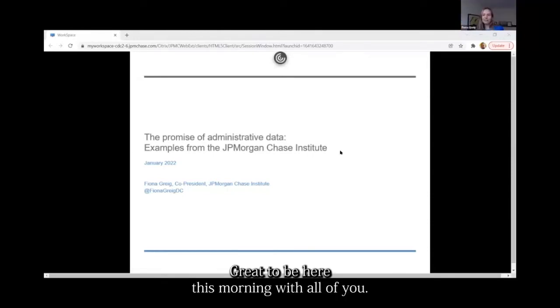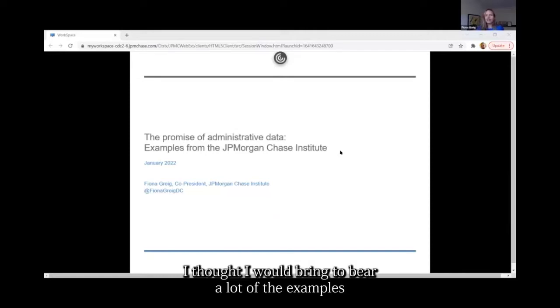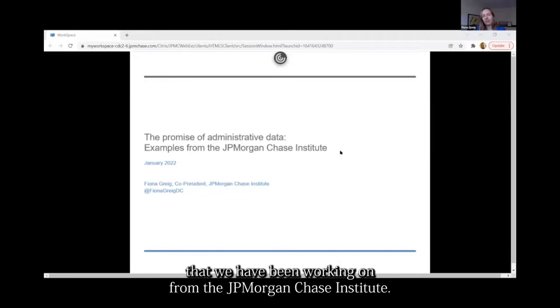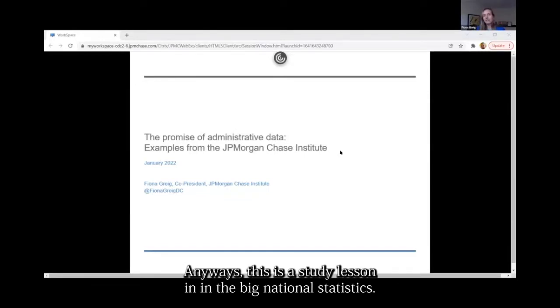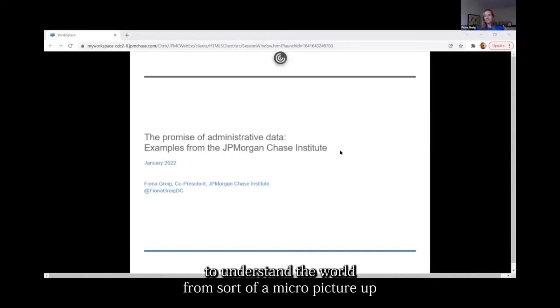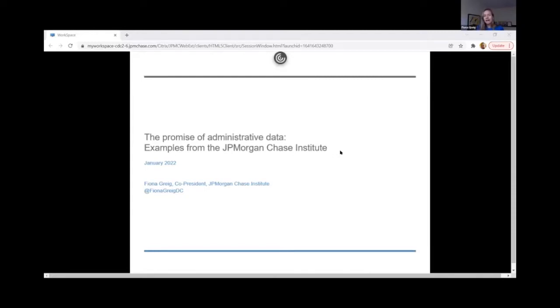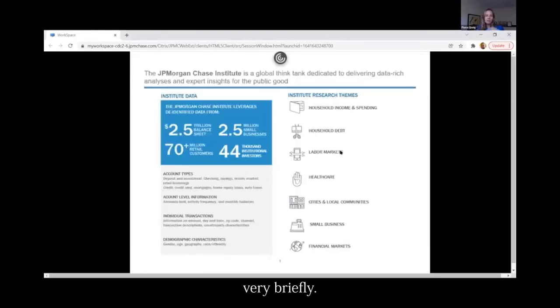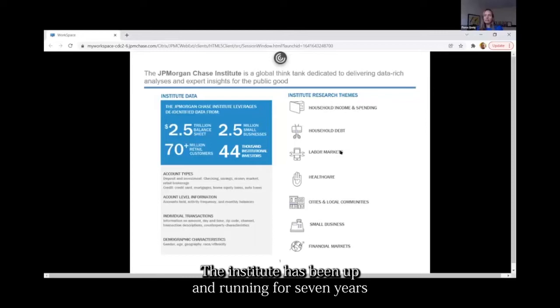Great to be here this morning with all of you. I thought I would bring to bear a lot of the examples that we have been working on from the JP Morgan Chase Institute. In many ways, this is a study less in the big national statistics, but actually in the promise of administrative data to understand the world from sort of a micro picture up. Very briefly, the Institute has been up and running for 7 years.